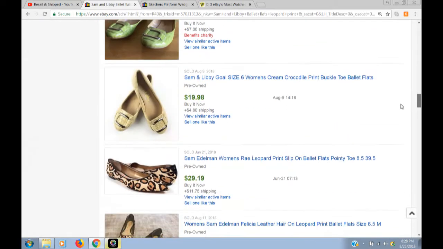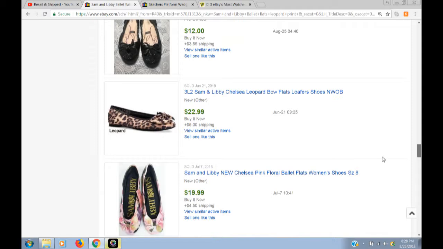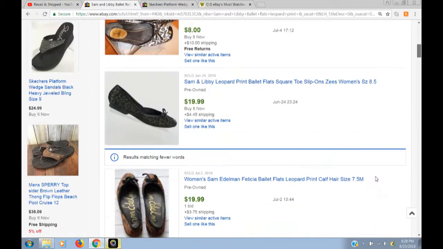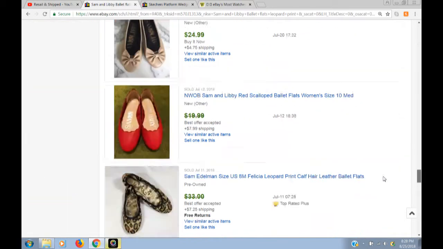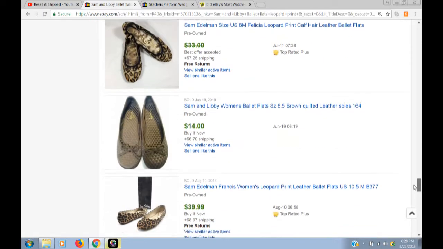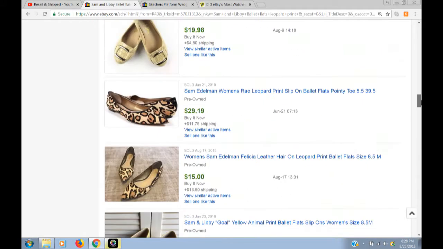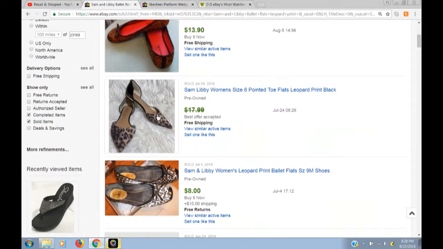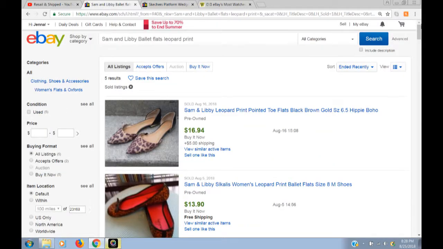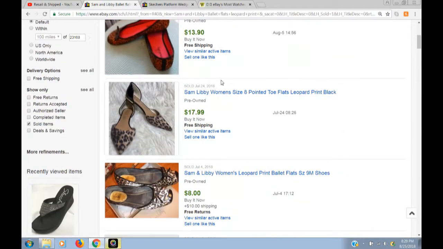So I think the best way to put it, just based on some of the other ones, Sam and Libby New is going for about $19.24. You don't want to price your pre-owned shoes higher than what new ones are going for, because that doesn't make sense. So let me just look real quick to see if there's anything similar to it in the not sold.